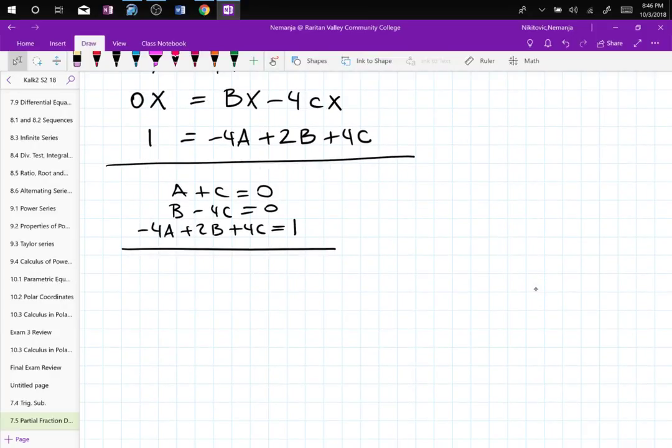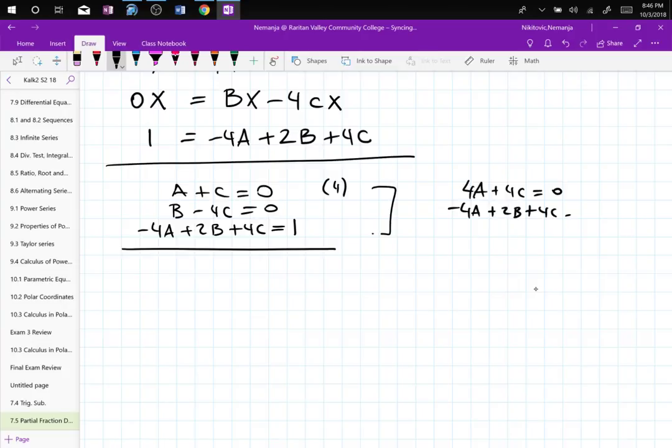Now to solve this, we can multiply the top equation by 4 to kill a between the first and the third equation, because the second equation has no a already. If I do that, I'll have 4a plus 4c is equal to 0, and negative 4a plus 2b plus 4c is equal to 1.